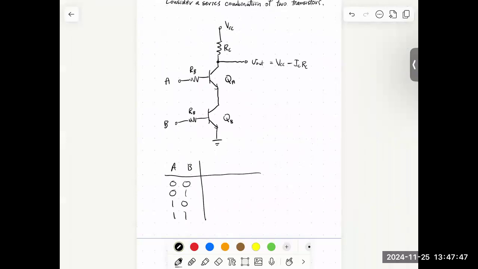I'm going to try to indicate whether a transistor is allowing current to pass or not, and then we'll label what the corresponding current IC is. And then finally, we'll put what V out is.